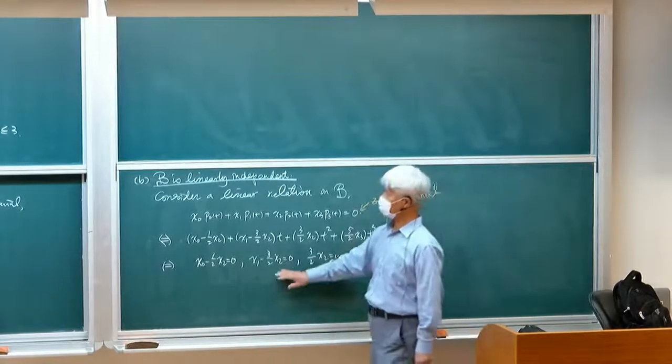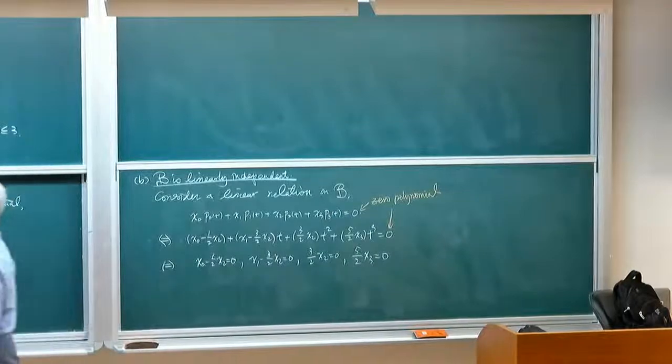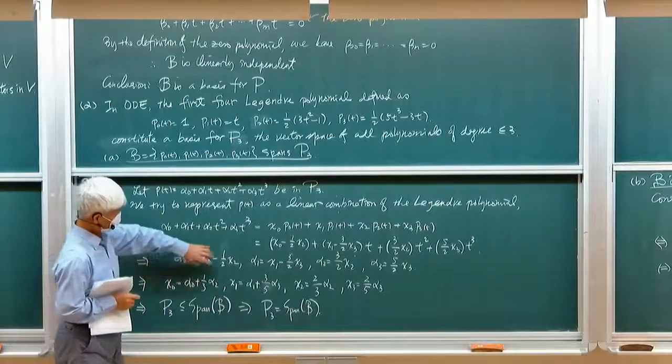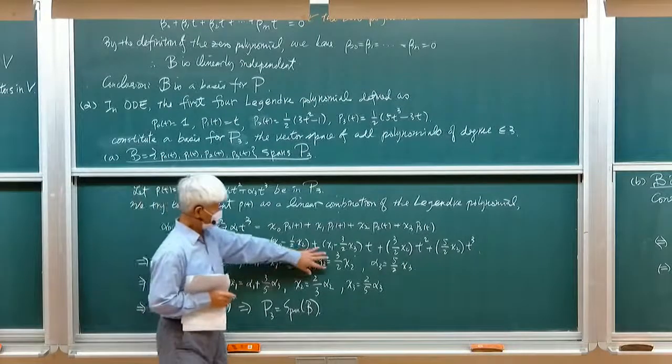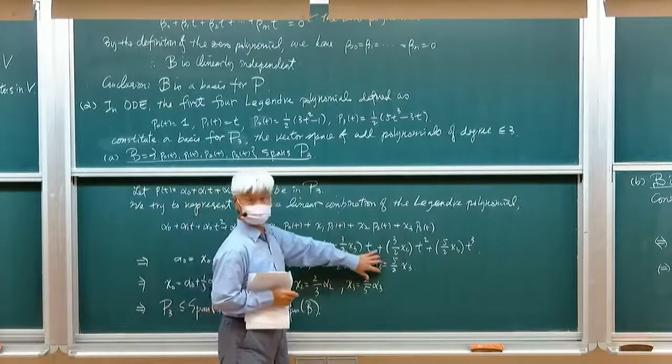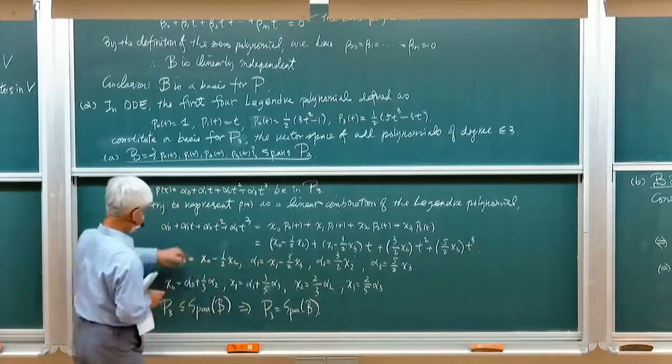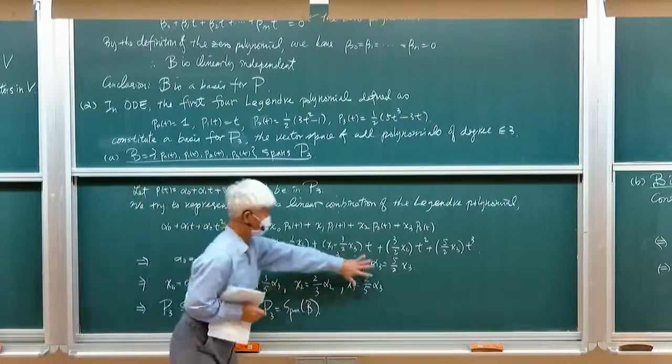And this is the same as here, that alpha 0 is 0, alpha 1 is 0, alpha 2 is 0, and alpha 3 is 0, right? It's just like the situation that we have 0, 0, 0, 0.